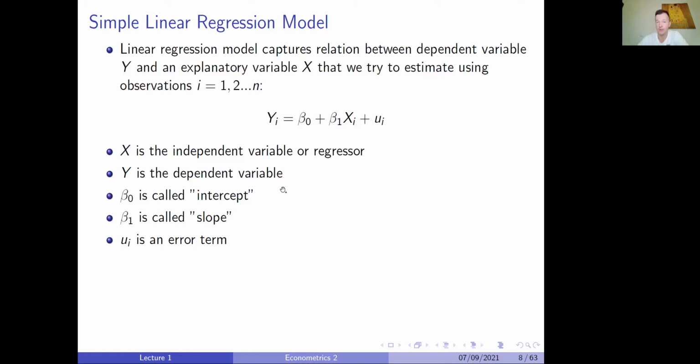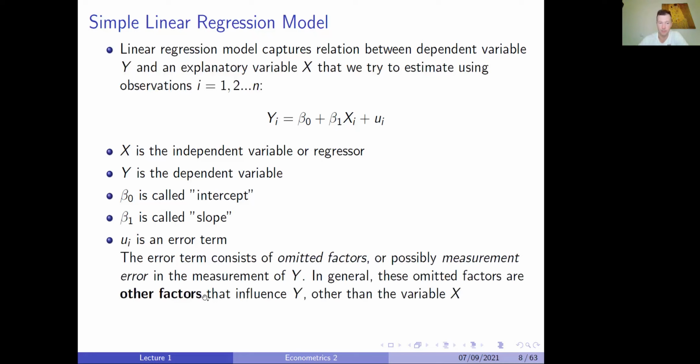And all those factors are included into this term u. So the error term consists of omitted factors or possibly measurement error in the measurement of y. In general, these omitted factors are other factors other than variable x that influence y.